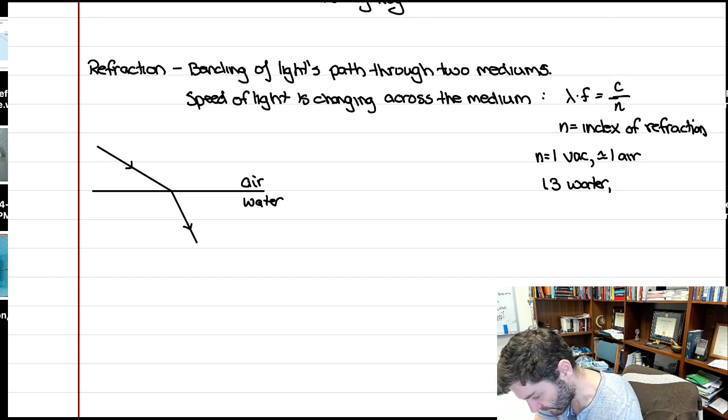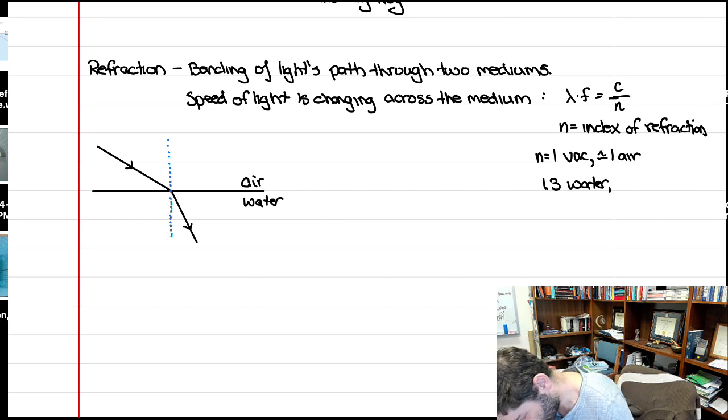And again, we want to be able to quantify this. And we again always use the normal angle. So we have a normal that is perpendicular to the interface between air and water. And we can define this angle here as the incidence angle.